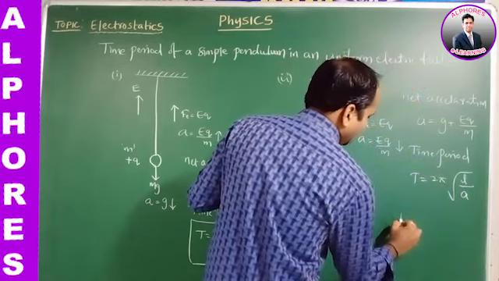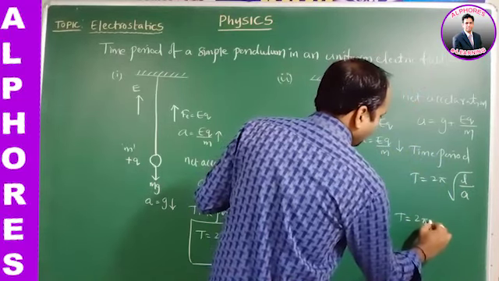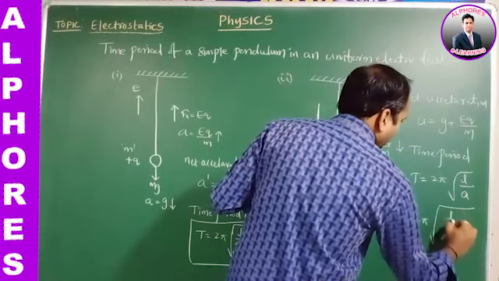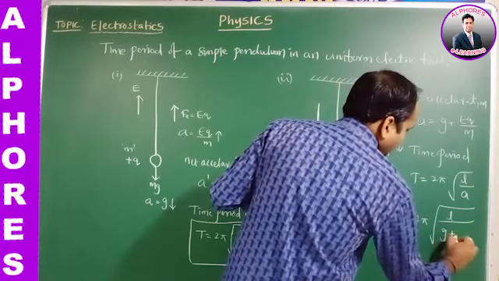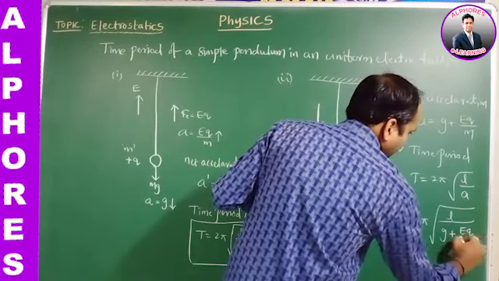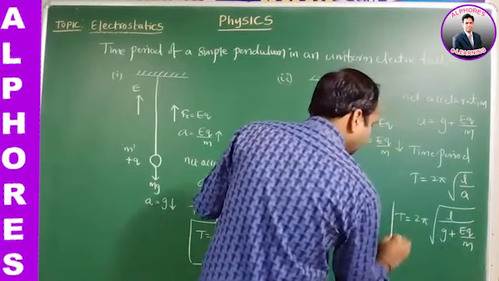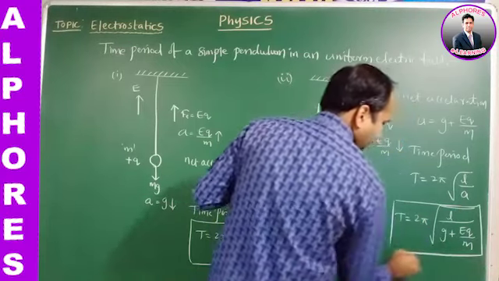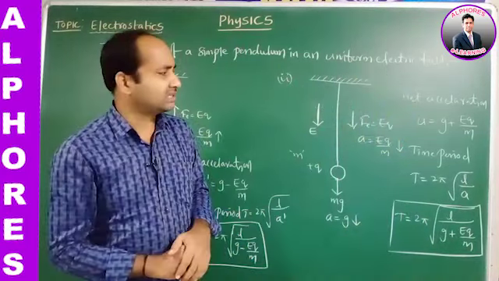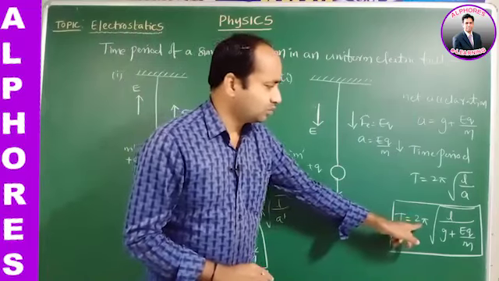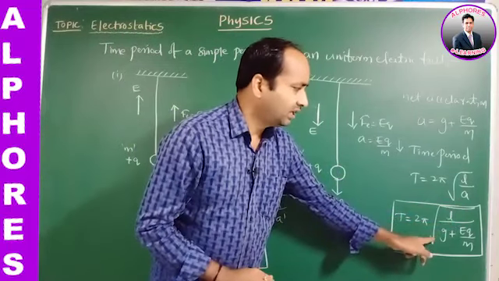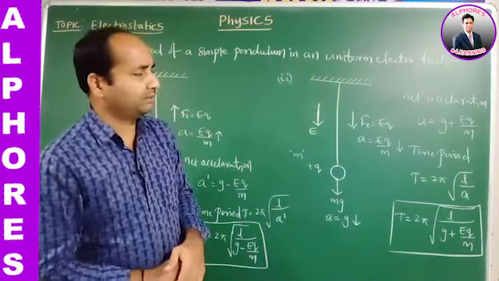That is, T equals 2 pi under root of L by (g plus EQ by m). This is the time period in the second case.